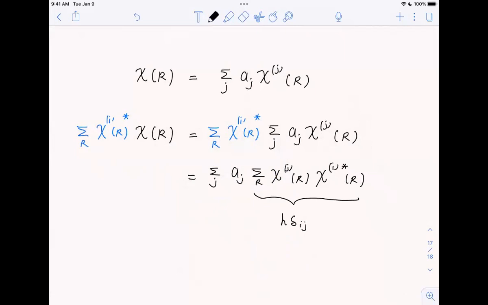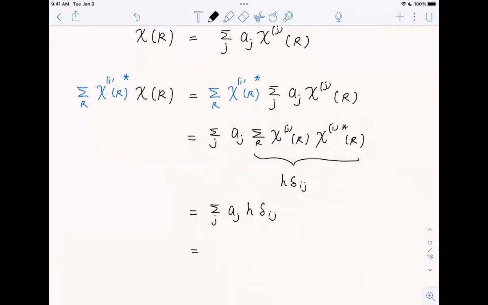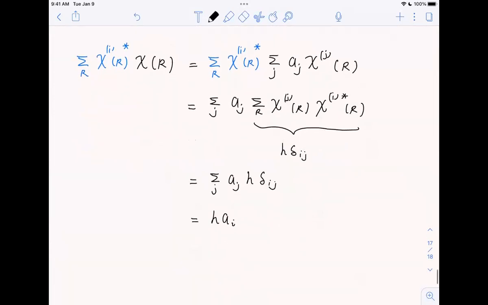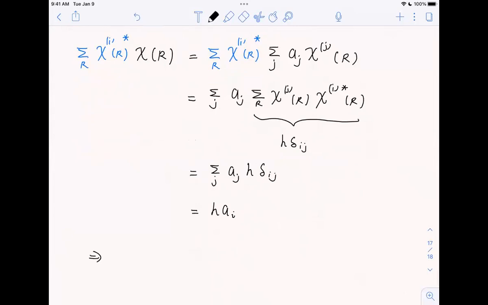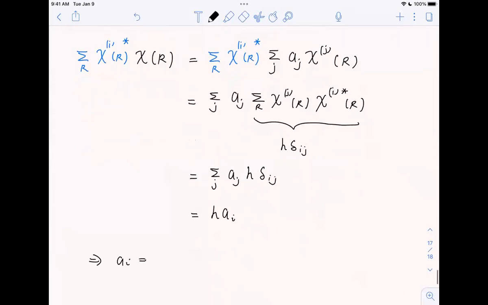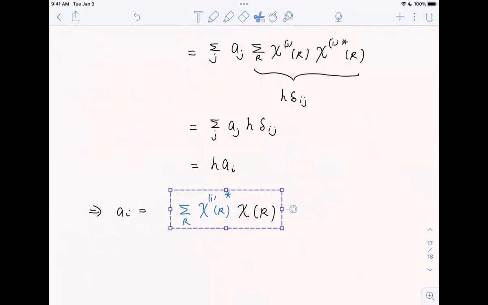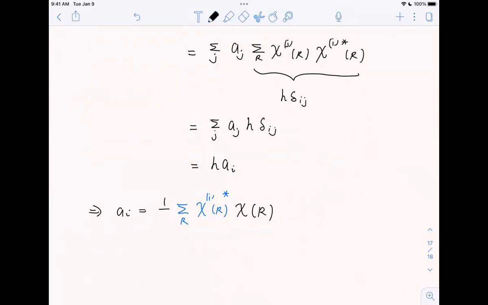So you have a_j times h times delta ij, and then you just get h times a_i. So what is a_i? a_i will equal this thing over h, that is 1 over h.